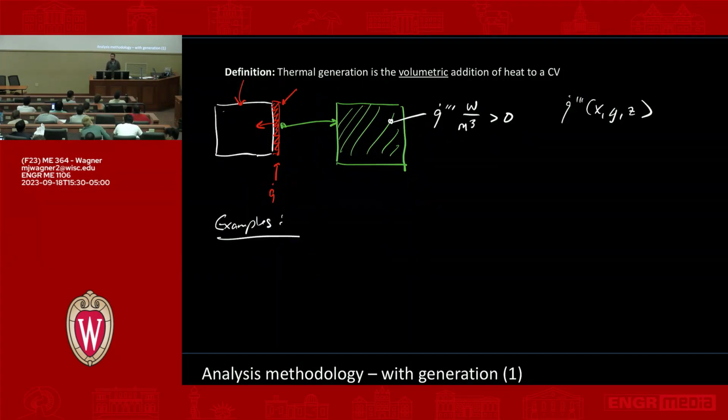Say it again? Yeah, so like chemical, right? You have like breakdown of, so let's call that chemically reacting media, right? So in your stomach, you are converting food into energy, basically, and it's releasing energy. Any other examples? Yep, radioactivity, right?